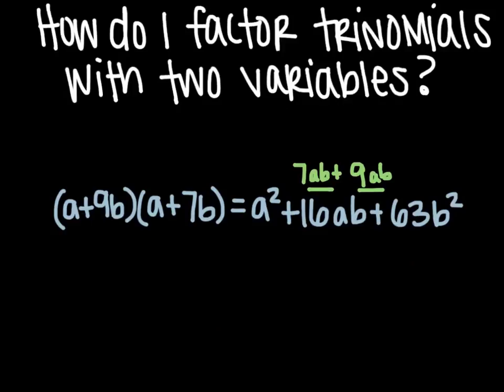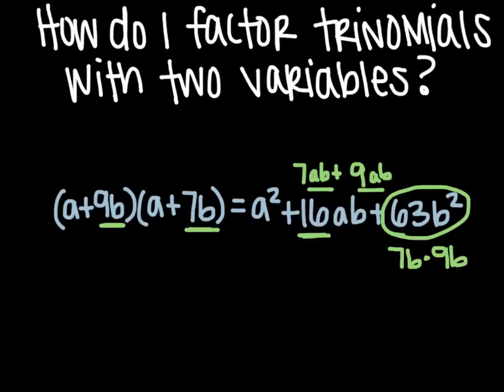Very similar to what we have watched previously, if I take the second part of that binomial, the 9b and the 7b, and multiply those together, I would get 63b squared. So that relationship is from multiplication. And then that 7 and that 9, if we add them together, we get 16.